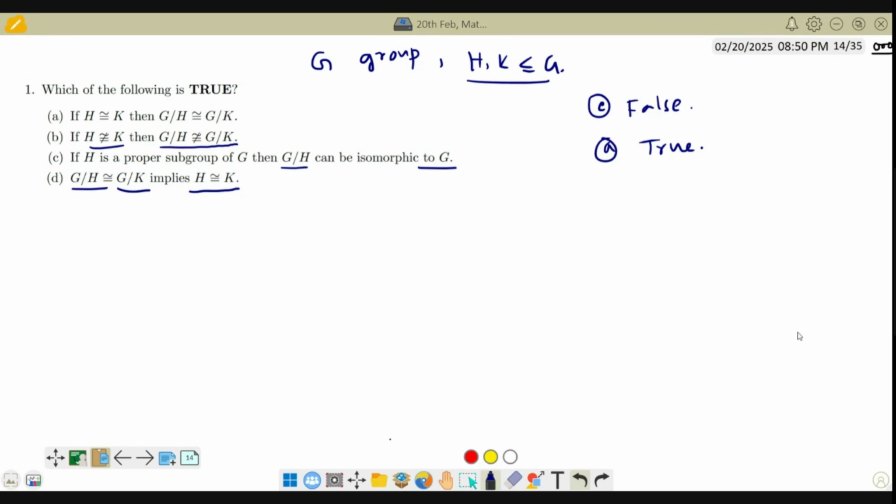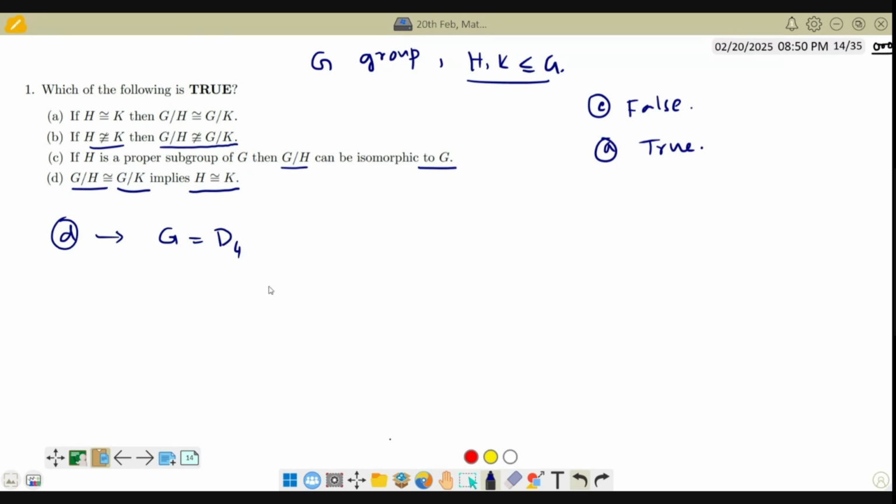Sir, let us take D4. So what is your G here, in option D? G is equal to D4, with elements 1, x, x squared, and so on.